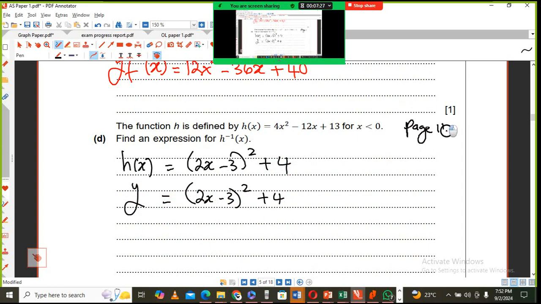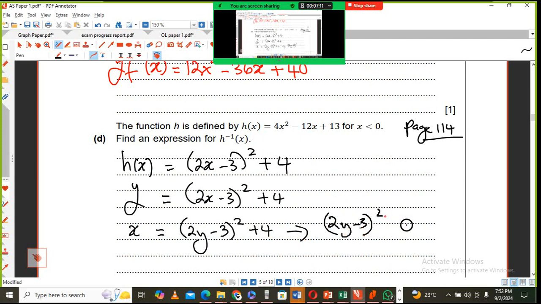In your textbook, you should look at page 114. I'll come to that. First, let's make y the subject of the formula. All of this is going to be 2y minus 3 all squared is equal to x minus 4.